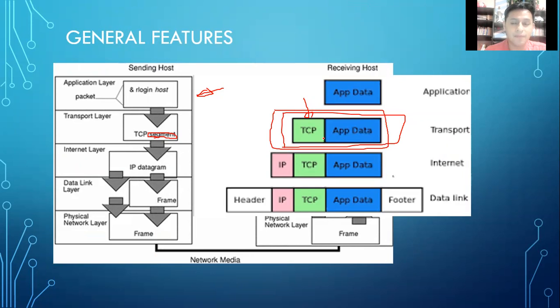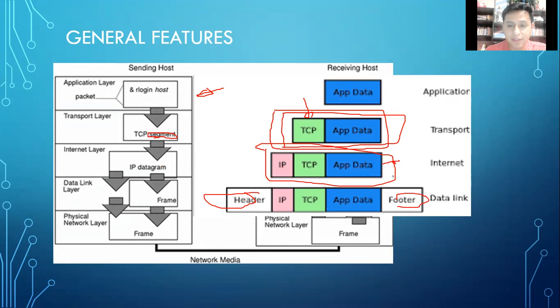Now the segment is delivered to the internet layer, where this piece of information is added with the IP header. Then the internet layer delivers to the next layer, the data link, adding another piece of information, a header and a trailer.